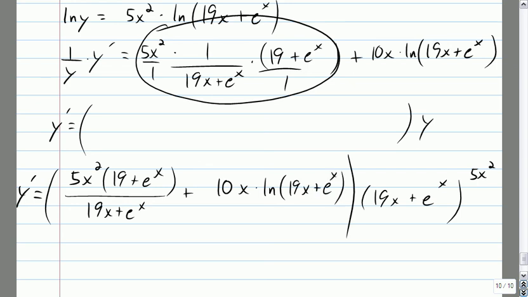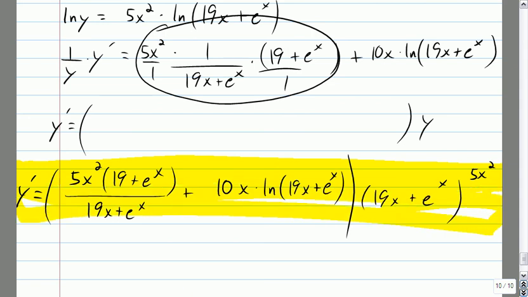And that is it. There's your y prime. So a little logarithmic differentiation.